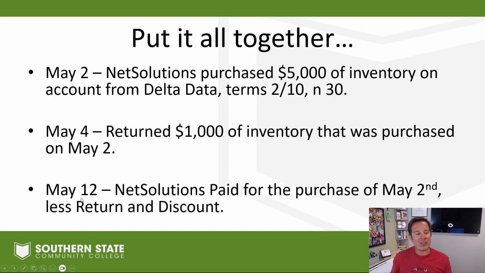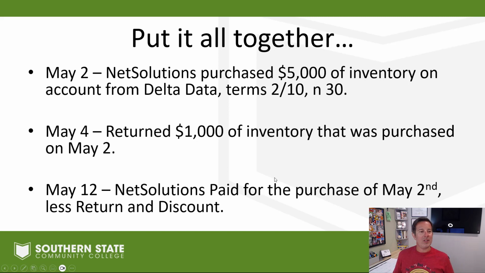Then finally, May 12th, we paid for the purchase of May 2nd, less the return that we made and the discount. We always calculate the discount on the amount we owe at the time that we're paying. Right? So at that time, we only owe 4,000 because we sent back 1,000. We don't calculate on the original 5,000 because we don't owe 5,000.